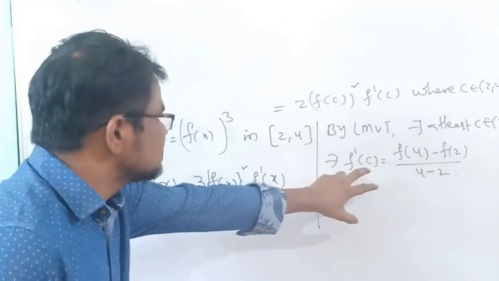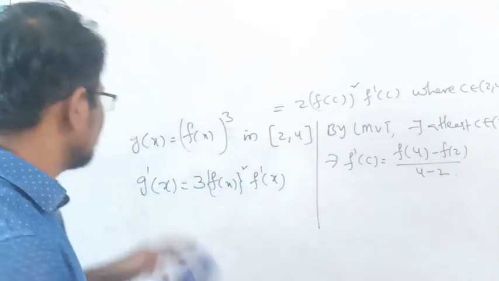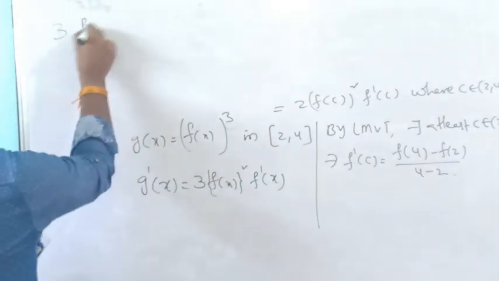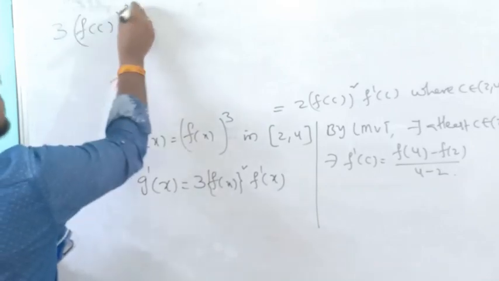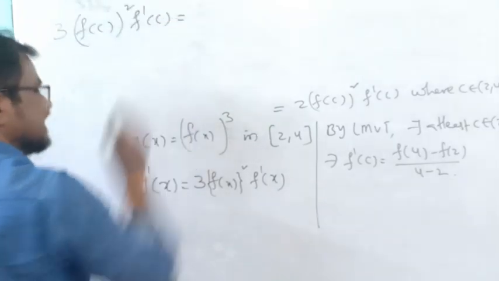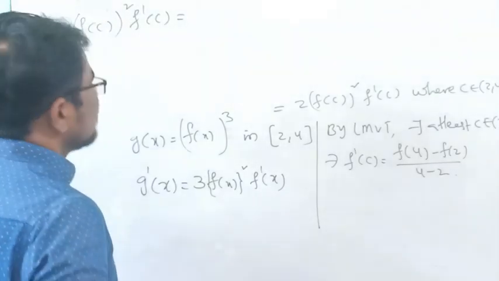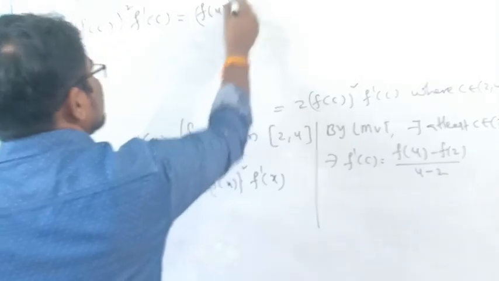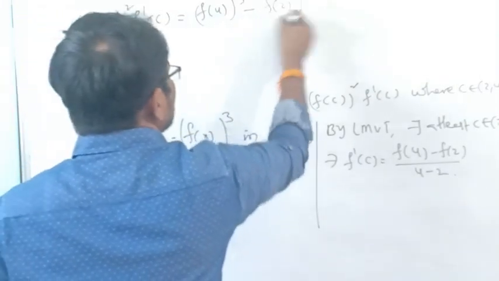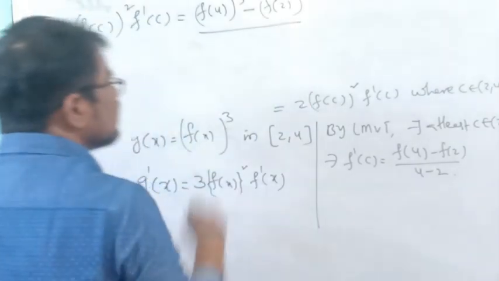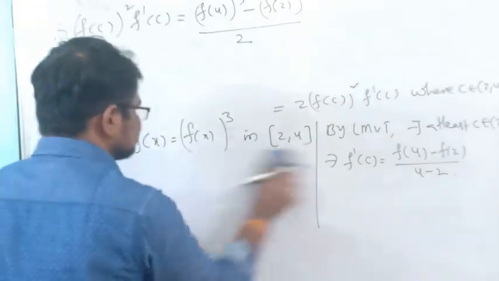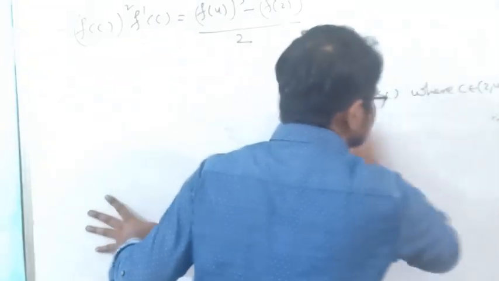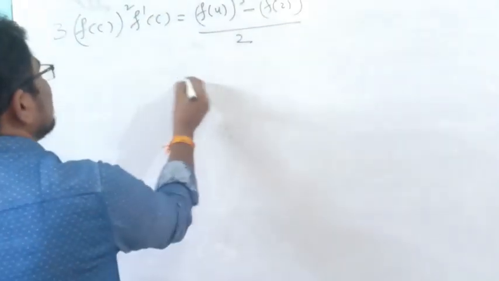Now replace x by c. So what we will get? 3 into f of c whole square into f dash of c equal to f of 4 whole cube minus f of 2 whole cube divided by 4 minus 2.